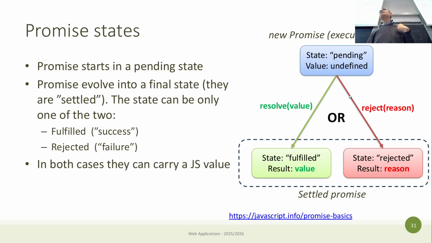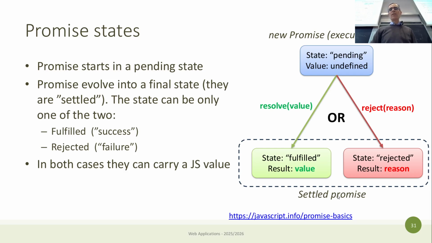Or, in case there is a problem, for some reason there are errors or issues in executing the asynchronous operation, the promise goes into the rejected state instead of the fulfilled state. And this rejected state has a value as well. In short, you can use this value to communicate the kind of error that happened. It can be a string, it can be an object, it can be anything that is valid in JavaScript.